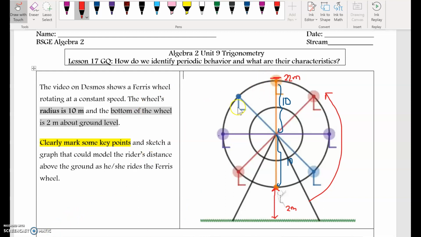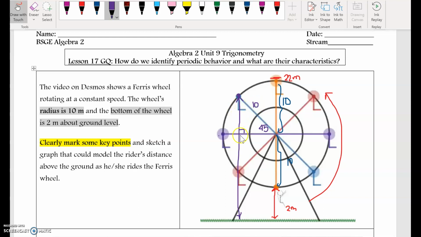And then what are some other features? All these circles seem to be sectioned off as 8, so it seems like all the sections are 45 degrees. So if you wanted to figure out the height here, you could have figured out the height whatever time it landed. Since this is 10, that means that this will be the reference angle.